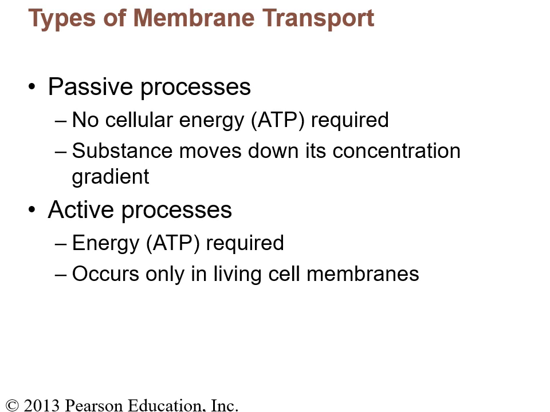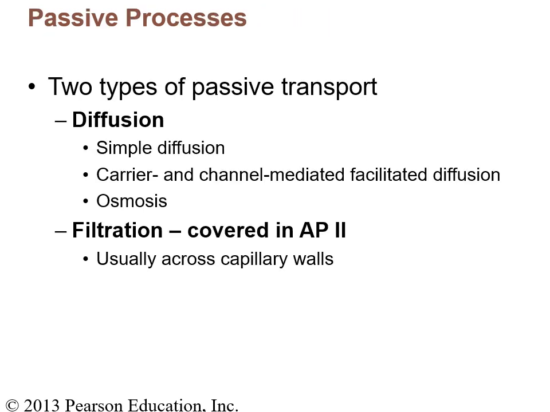And the substance moves down its concentration gradient, meaning that it moves from an area of high concentration to a place where it has a lower concentration. Active transport processes, ATP is required, and in order to have ATP, you have to have living cells because living cells make ATP, and many times it's going against the gradient to push substances where it is already high.